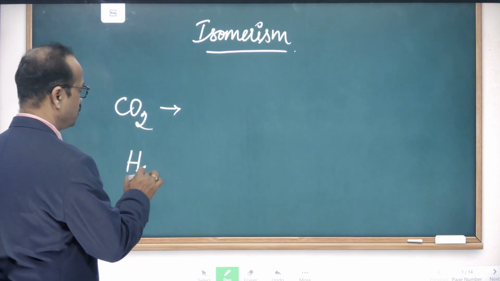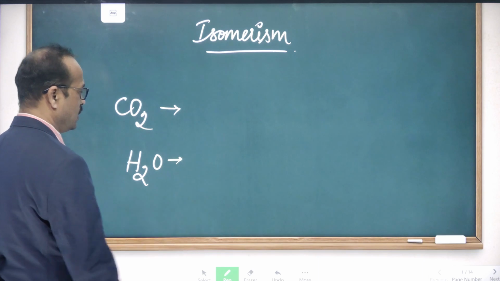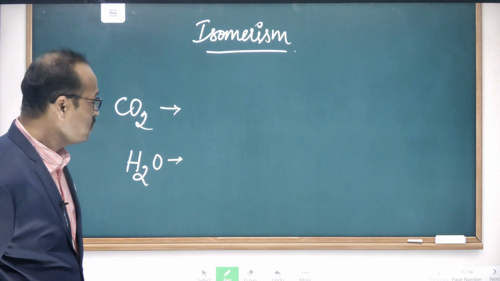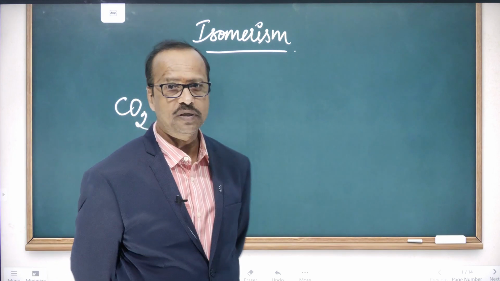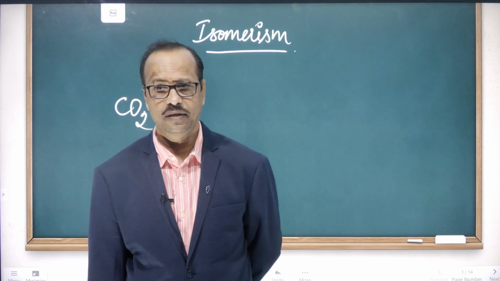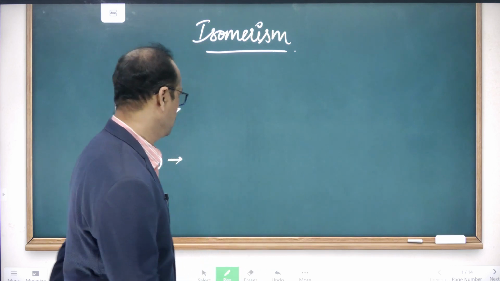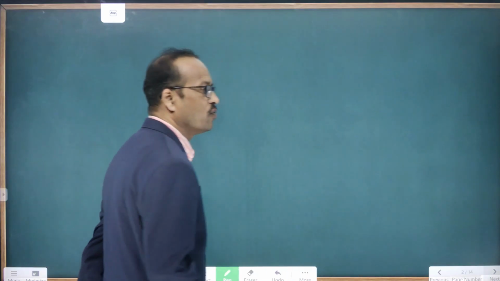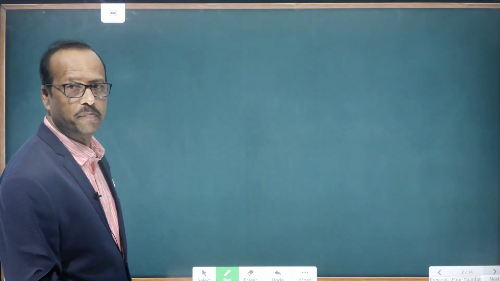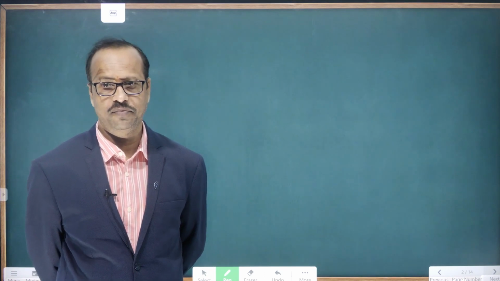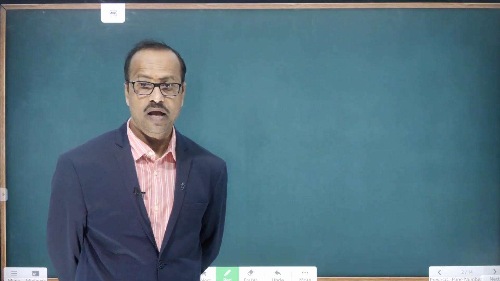If I write the formula H2O, then you say that it is water, right? But isomerism means the formula remains the same, but the compounds possess different physical and chemical properties.